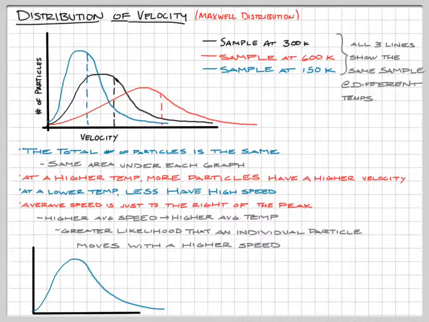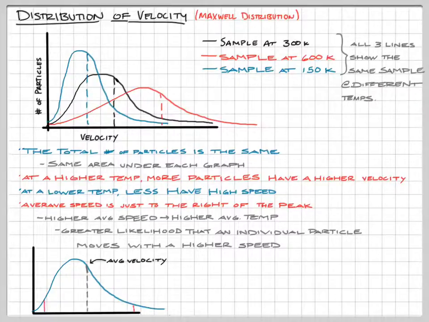Just to look at what's going on with the numbers on this graph, that's where my average velocity is, just a little bit to the right of that peak. Because we tend to trail off over here, whereas we just come up from right here. That's why the average velocity is pulled a little bit away from the peak. That's good to know.